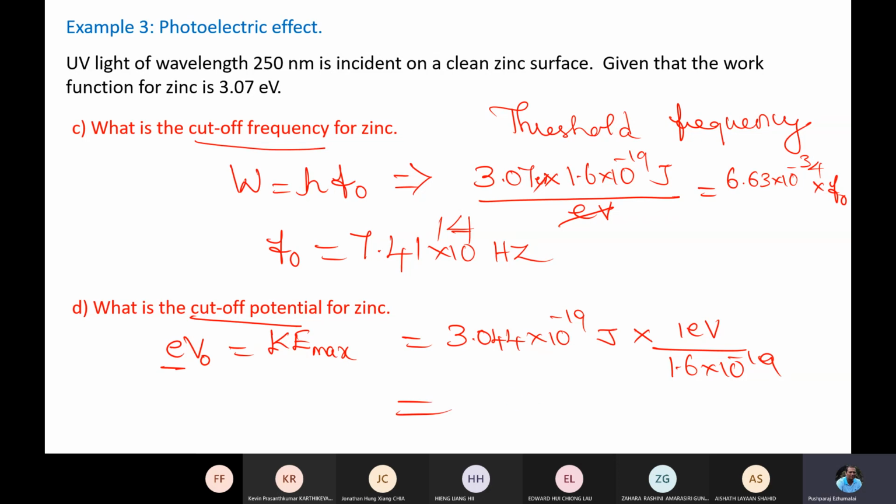So it is given by 3.044 10 power minus 19 divided by 1.6 10 power minus 19. So the answer is 1.93 electron volt. So using the same equation, we need to do all the problems.